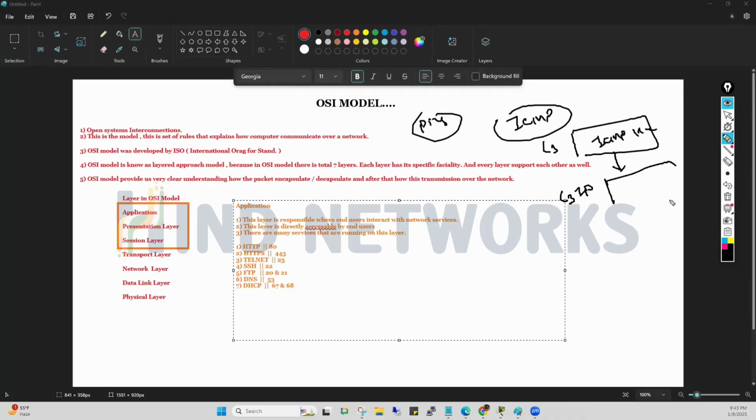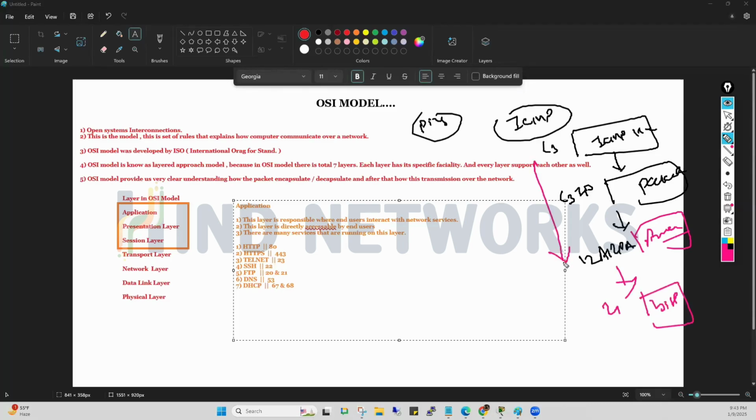IP protocol, and that is called a packet. Layer number 3 hands this packet over to layer number 2. At layer number 2 the protocol is ARP. Yes or no? That is called a frame. And layer number 2 hands this over to layer 1 and it is converted into bits. I hope you understand. This is the same thing we discussed in yesterday's class. Right, guys?